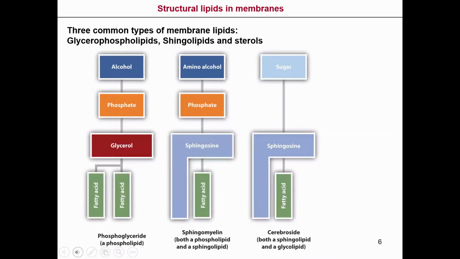So you have three common types of membrane lipids: the glycerophospholipid, sphingolipid, and the sterol. Here, we will see after that, phosphoglyceride or phospholipid. You have a common molecule which is glycerol, linked to two fatty acids. On the other side, a phosphate, and the phosphate is also linked with a polar molecule.